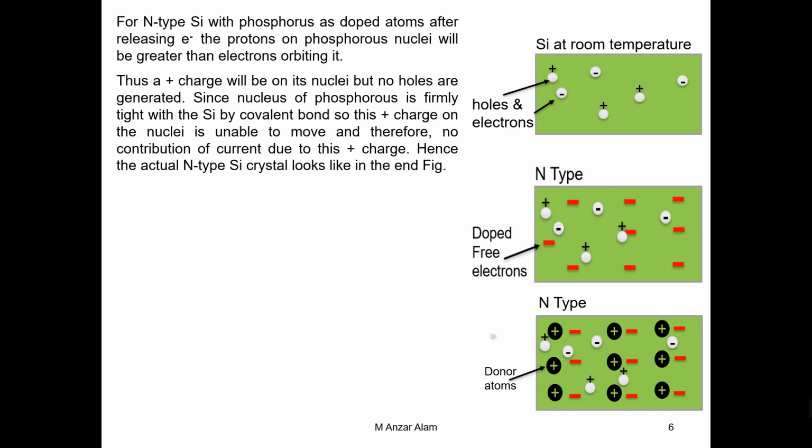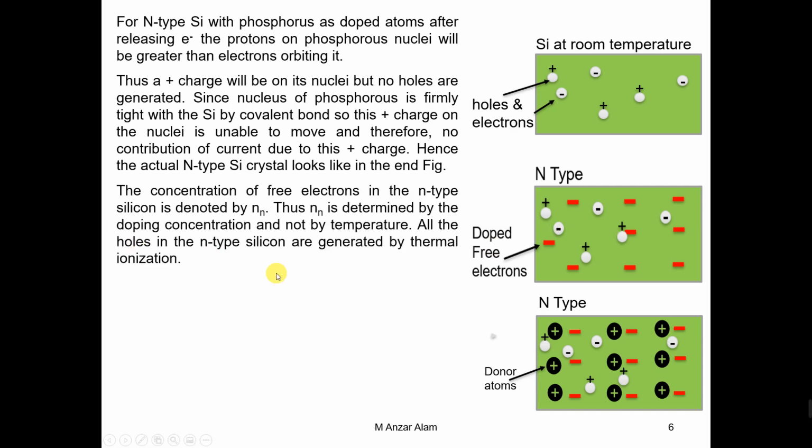Next, the concentration of free electrons in n-type silicon is denoted by Nn, where N is the negative number, meaning the number of electrons, and the subscript n is used for the n-type material.